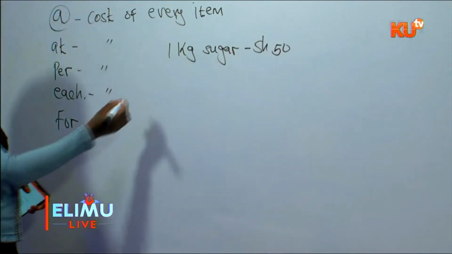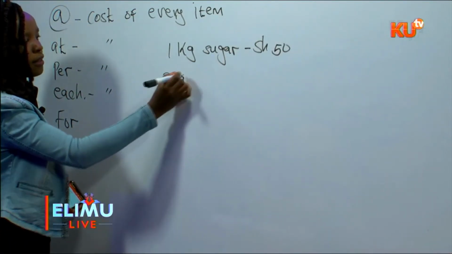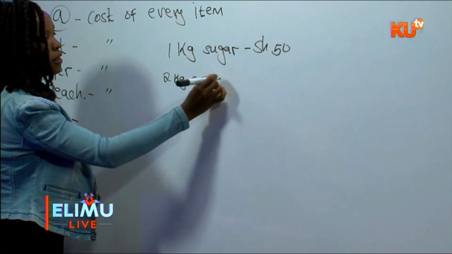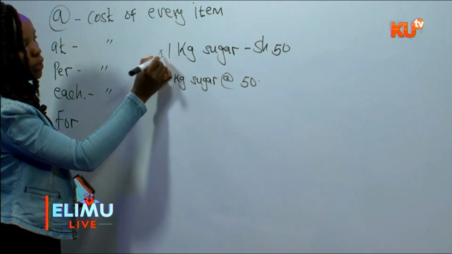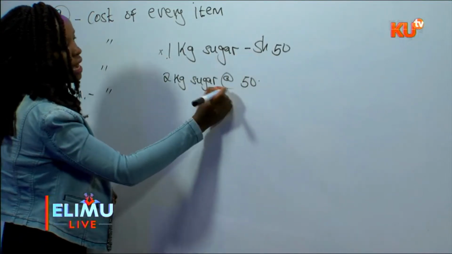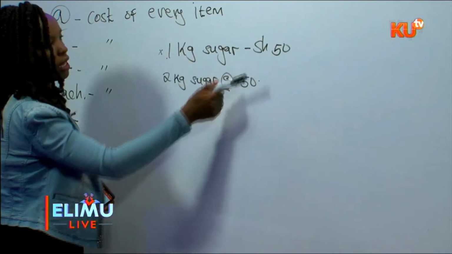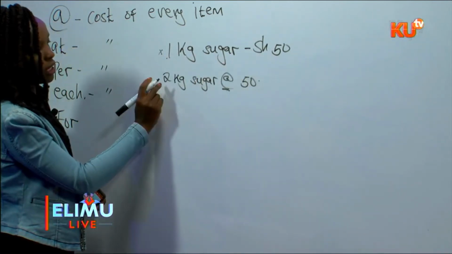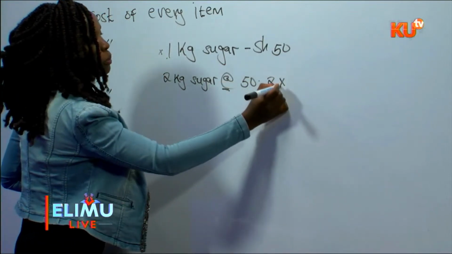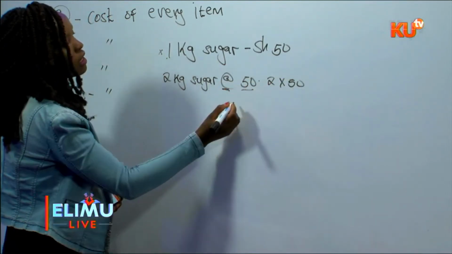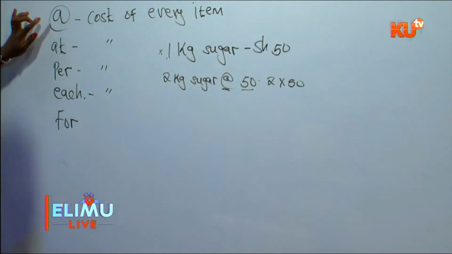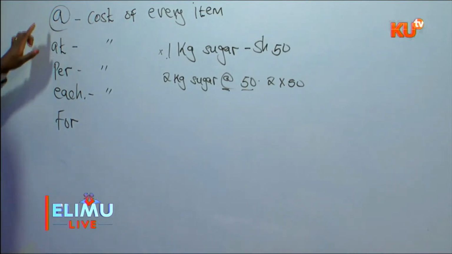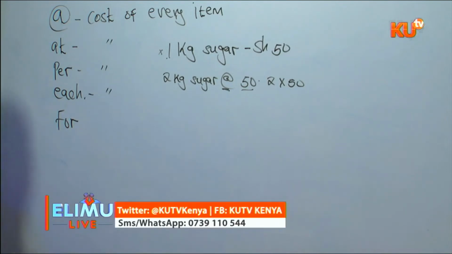And then you're told that someone bought 2 kgs of sugar at 50 shillings. Because here we have been told that 1 kg costs 50 shillings, this at here represents 1 kg of sugar at 50 shillings. So you're going to take the 2 kgs, you multiply by 50, because this 50 is the cost of 1 kg of sugar. So at, per, each means the cost of every item, and for you to get the total cost of all those items, you are required to multiply.